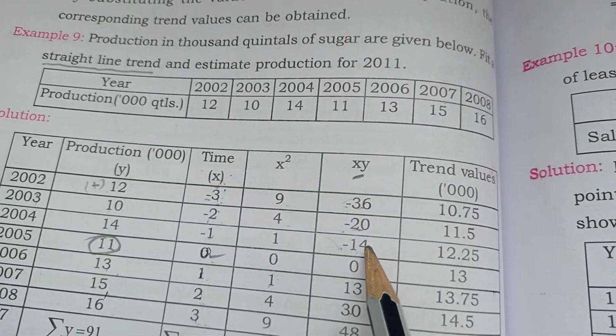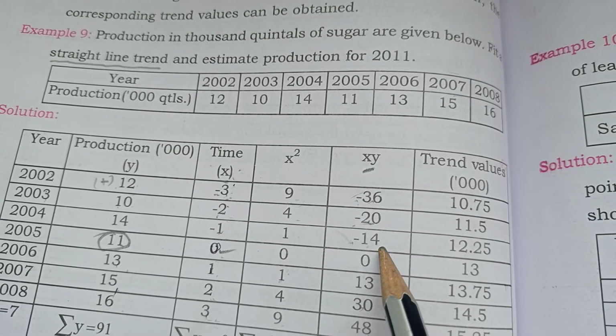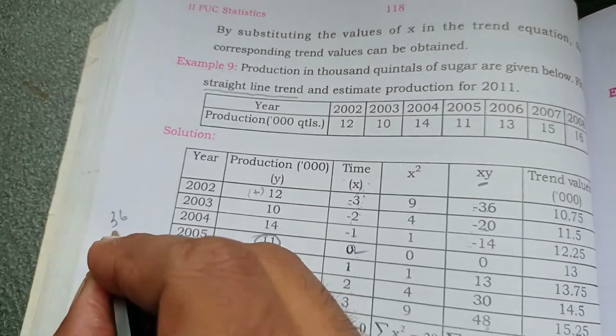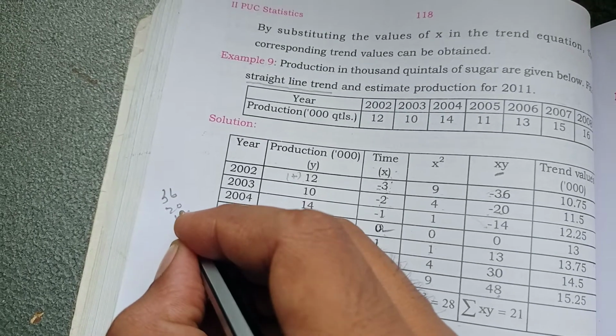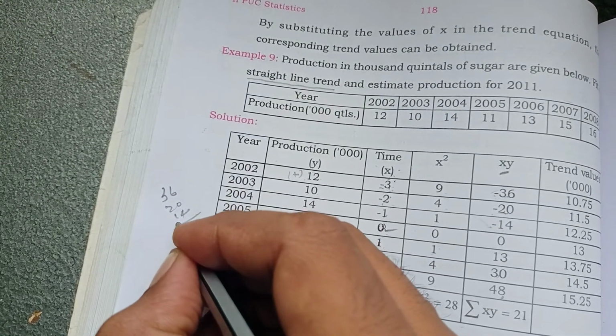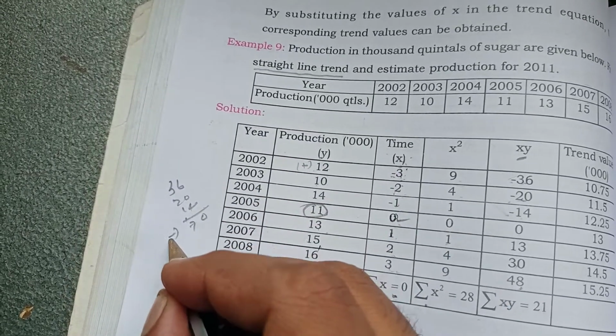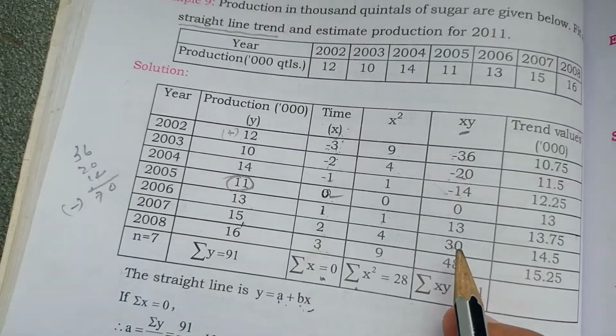Minus 36, minus 20, minus 14. How much is it? 36, 20 and 14, it is 70, so this is minus 70. Then what are the plus values?